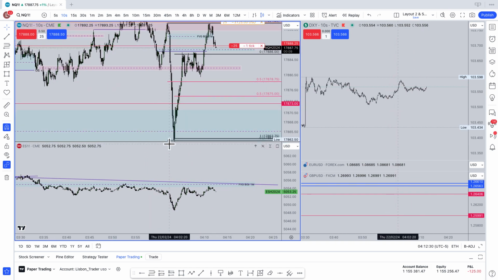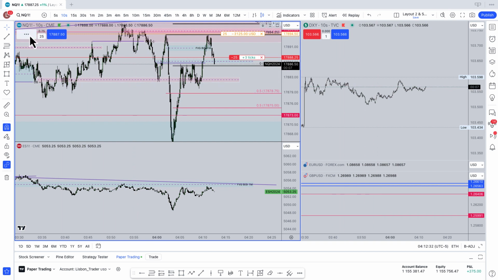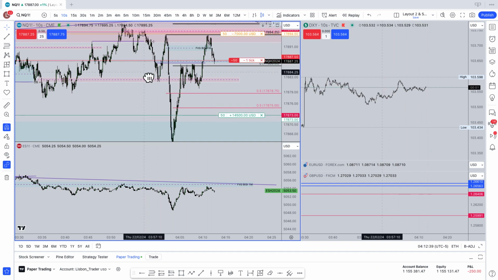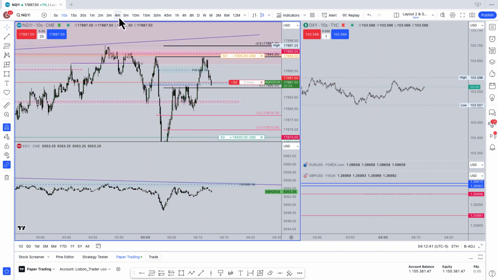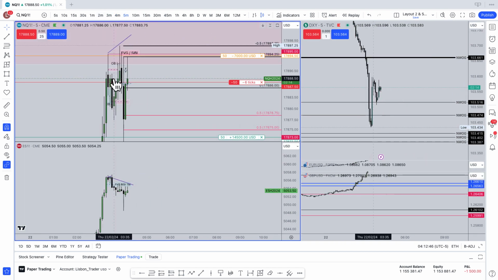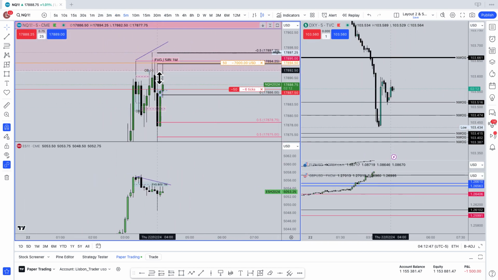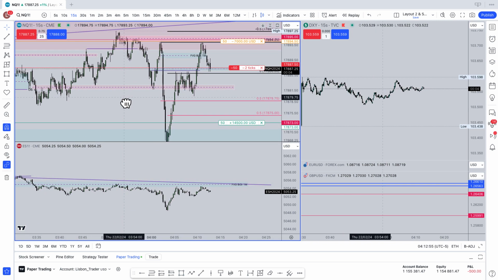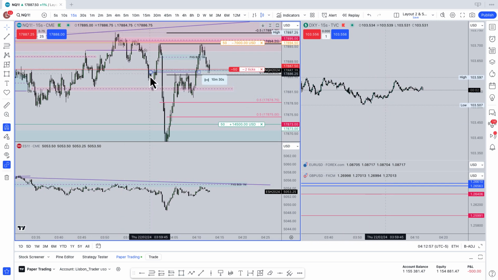So this close up below, failed to come high, and this might be seen as a complete, yeah, looks like a sort of a reaper.